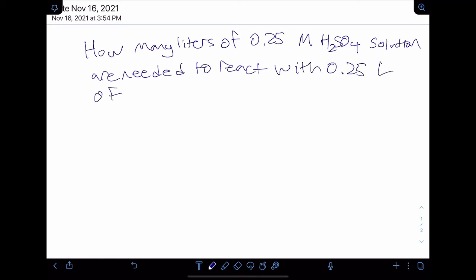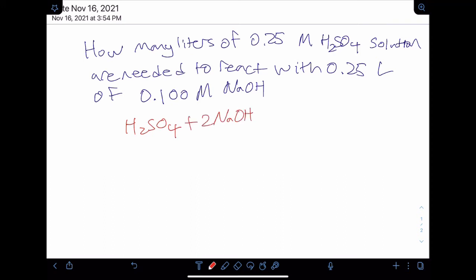A lot of these are interchangeable because we know many different ways of converting from unit to unit. So the chemical equation would be H2SO4 plus 2NaOH yields Na2SO4 plus 2H2O.